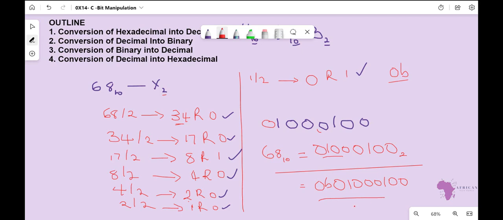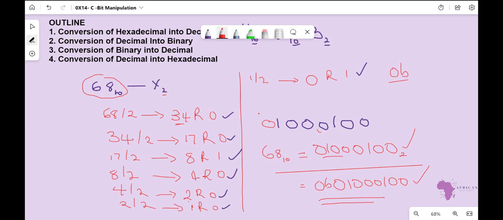So the binary of 68 in base 10 is equal to this, or this one. It still works. It's the same. All right, we are done with that, guys.